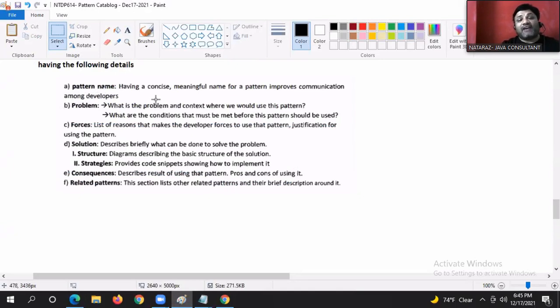Pattern name. Having a concise, meaningful name for the pattern improves communication among developers. Names, guys: singleton class, factory pattern, DAO, one or other name. Suppose you have designed a pattern where your class allows only two objects: double ton class.